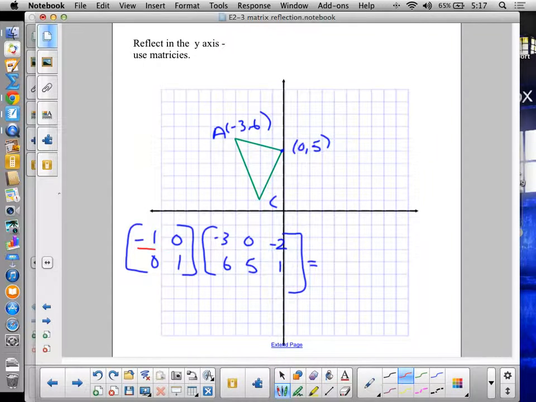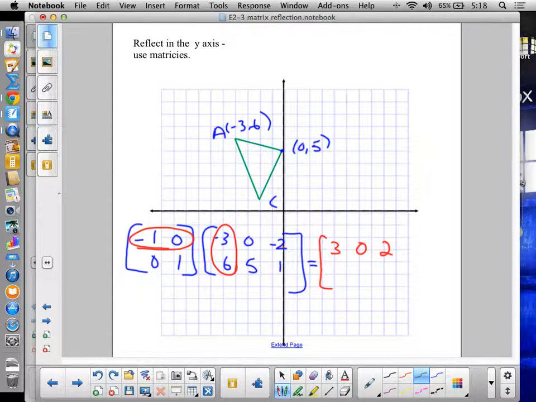So again, row 1 times column 1. Now this is a little different because I have a negative 1 now. Negative 1 times negative 3 is positive 3 plus 0 is positive 3. Negative 1 times 0 is 0 plus 0 times 0 is still 0. Negative 1 times negative 2 is positive 2 plus 0 is positive 2. So we change the signs in the top row.